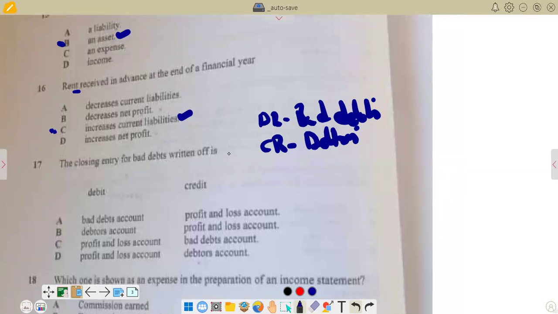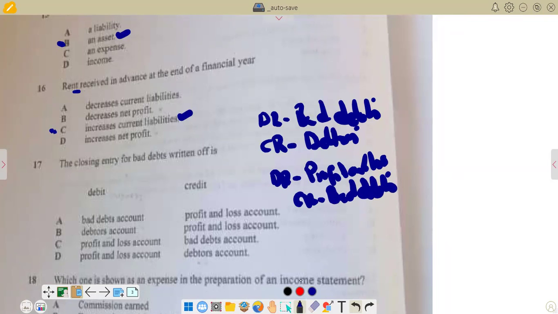Then when we are now posting the bad debts to the profit and loss account, it means we are now going to the opposite of bad debts, whereby we are crediting bad debts and then we debit the profit and loss account. So we debit profit and loss, and we credit bad debts.